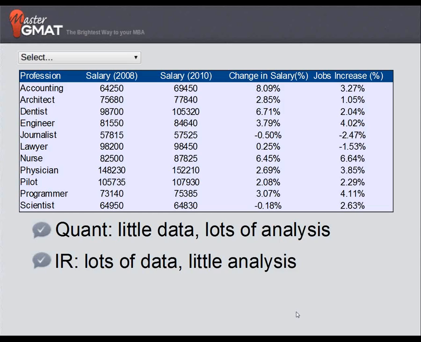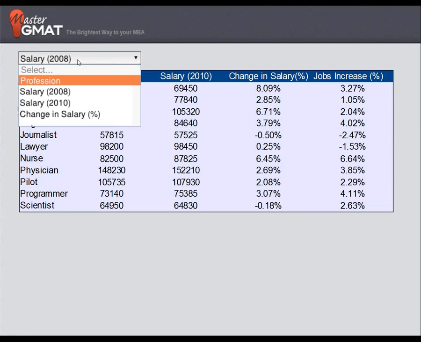All right, let's get to the fun part, huh? Let's talk about sorting. So I'm going to hover my cursor over the drop-down box you see at the top left corner, and it's going to let me sort my data. So I'm going to give it a click. Now, I can rank the rows of the table by whatever variable I choose. For example, let's go ahead and sort by 2008 salary.